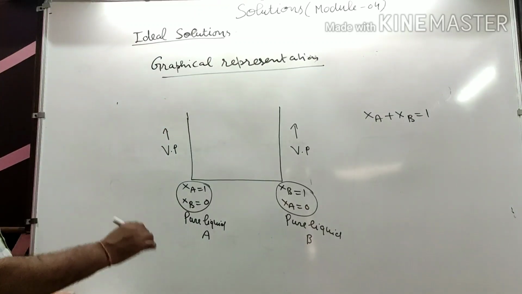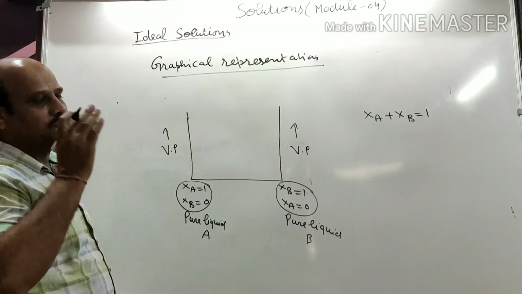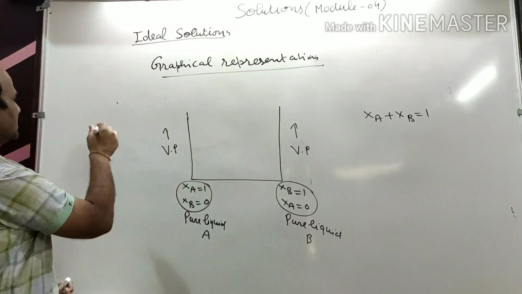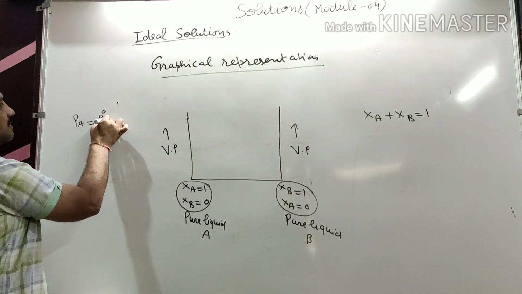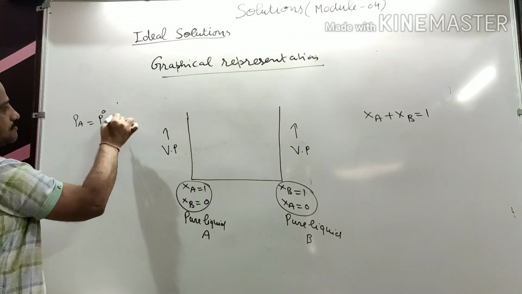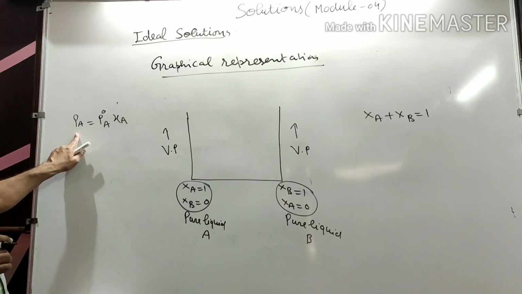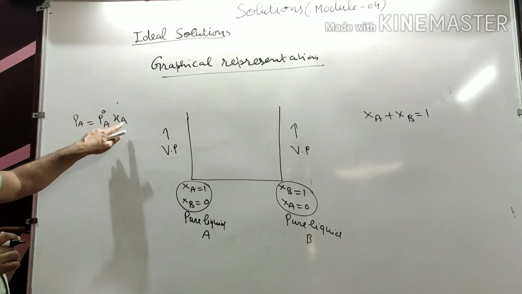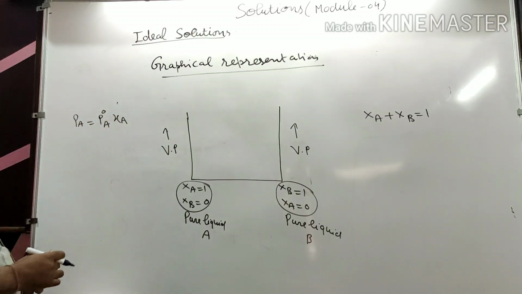And for ideal solution, Raoult's law must be followed. What is Raoult's law? PA is equal to P naught A XA. In a solution, each component's vapor pressure depends upon mole fraction. P naught A is for pure, that is mole fraction.